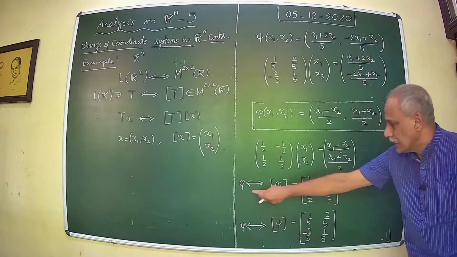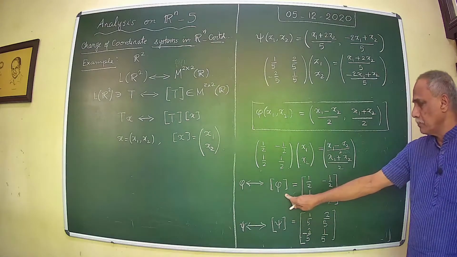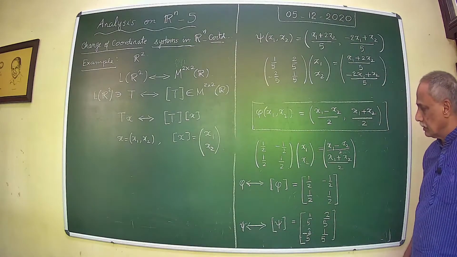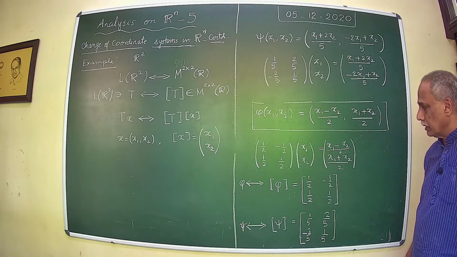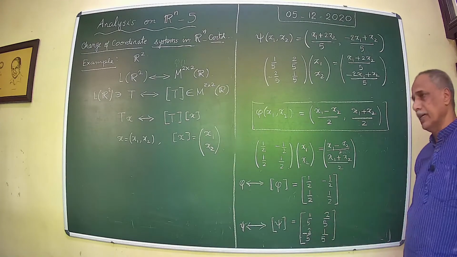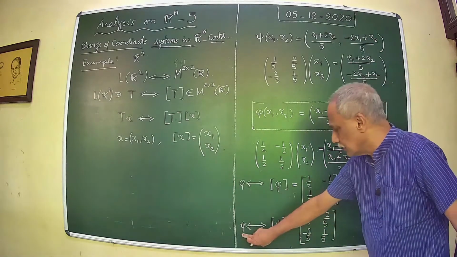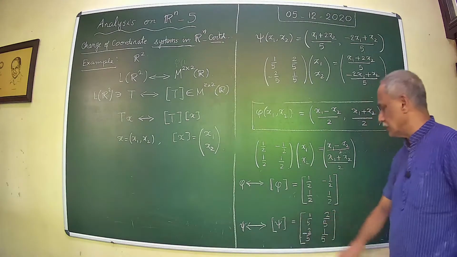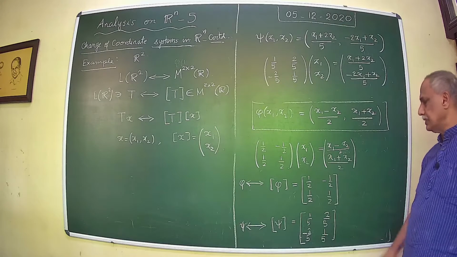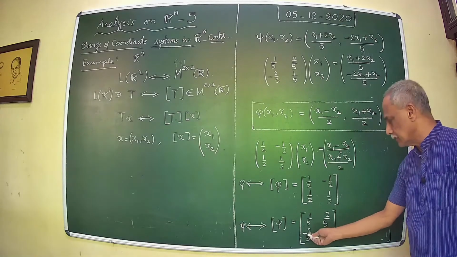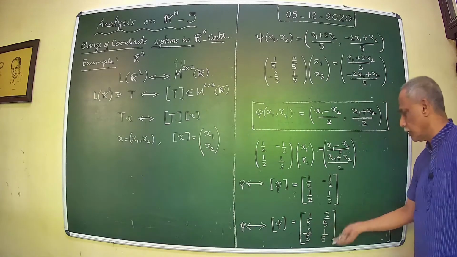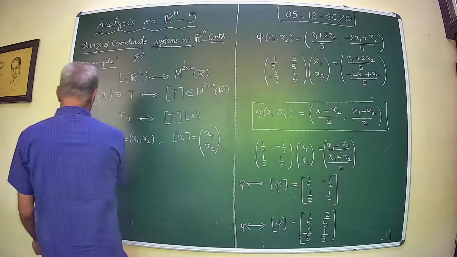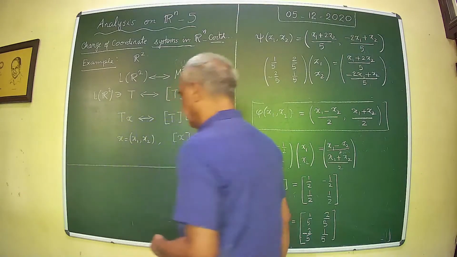So phi is identified with bracket phi, psi is identified with bracket psi. These are the matrix representations of the linear transformations, and they are precisely given in this context by this. So you know how to compute this. It's just giving a feel for things.